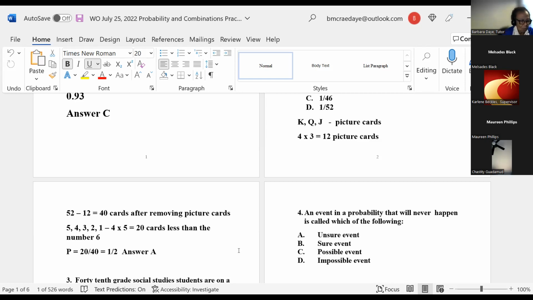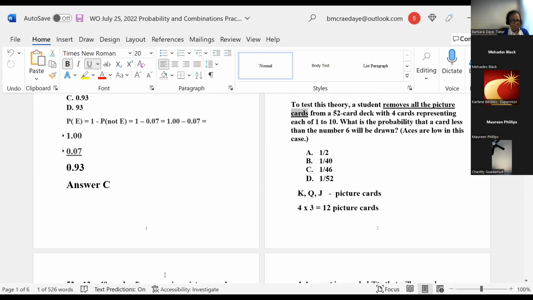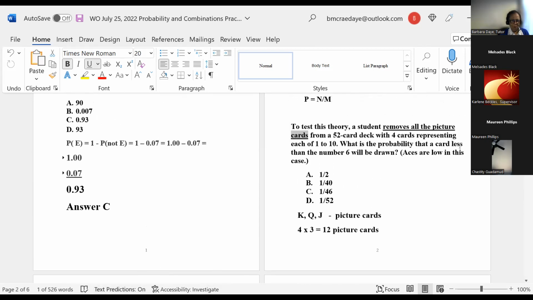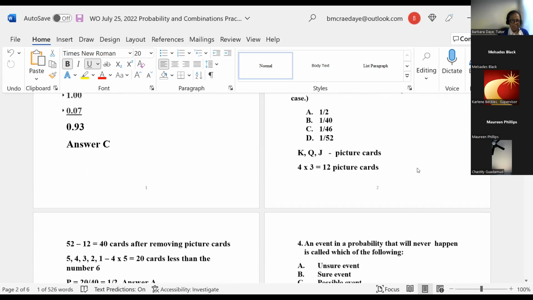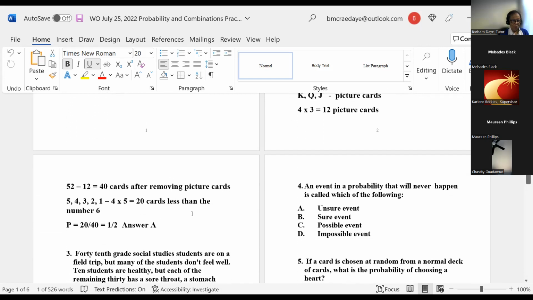And then they want to know a number less than 6, right? So a number less than 6 is 5, 4, 3, 2, 1. But the 1 becomes an ace, and aces are low in this case. Let's just stop right here. You see, aces are low in this case. You see that, Mercedes? Yes. Aces are low, so the ace is not counting as a picture. It's counting as a 1.